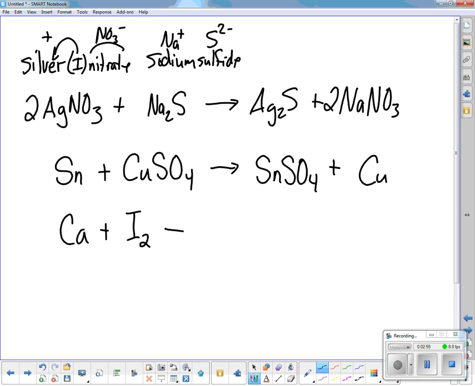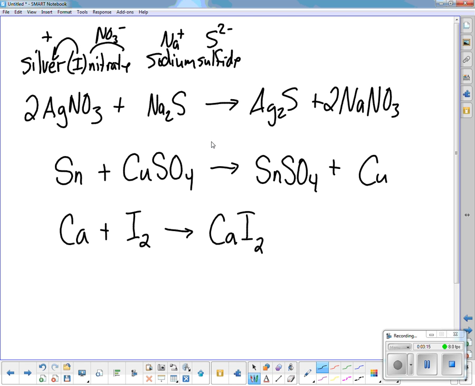This yields calcium iodide. Now, calcium is a +2 because it's column 2. And iodine here is 1 away from being a noble gas, so it's going to be a -1. So I'm still going to need 2 iodines to balance out the 1 calcium.